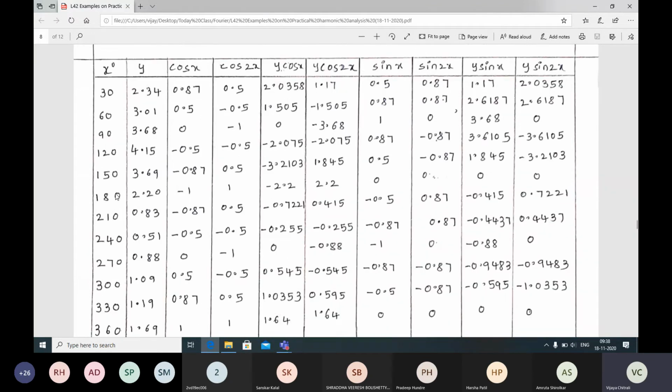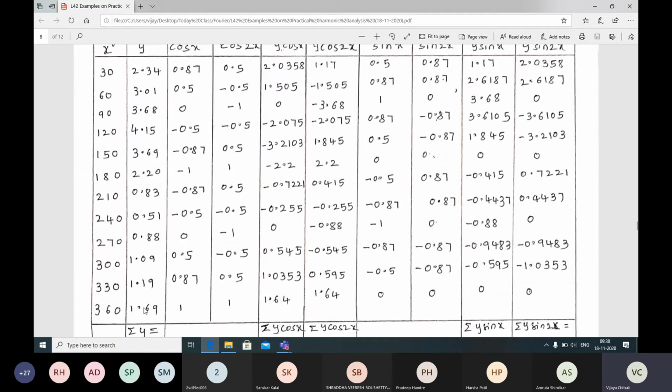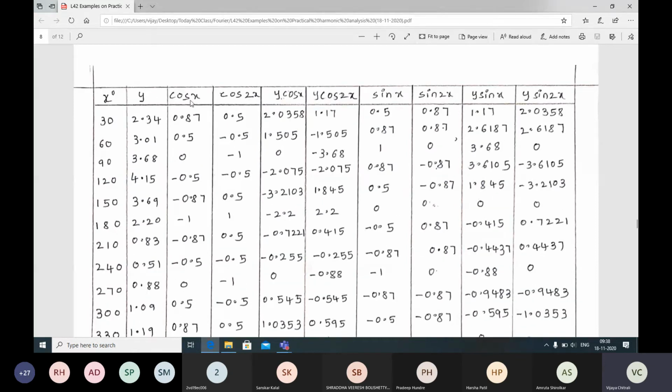The sum of all these y, the summation of y, is 25.21. First we want cos x, cos 2x, sin x, sin 2x, then y cos x, y cos 2x, y sin x, y sin 2x.